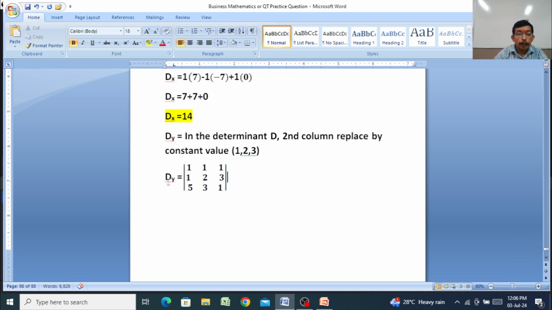Now simplify by expanding along the first row. In the next step, Dy is equal to, the first element is 1, the corresponding cofactor is C11. Now we take the minus sign, minus 1, and the corresponding cofactor is C12.